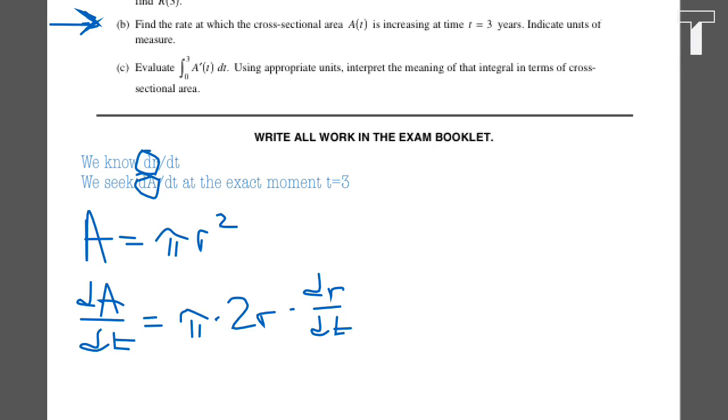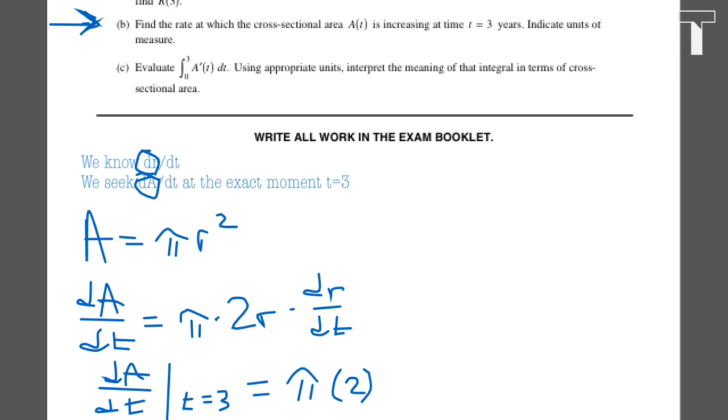The thing I've been asked to find is the derivative of the area with respect to time, the rate of change of the area with respect to time, at the exact moment that t equals 3. Remember this notation, it comes in very handy here. So that's going to be pi times 2 times r.